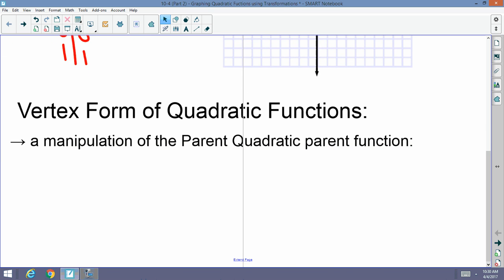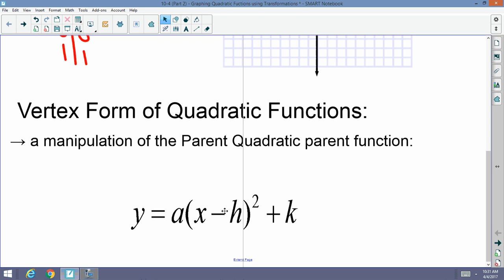Now, the vertex form of quadratic functions, guys, is a manipulation of the parent quadratic function. And it equals y equals a times x minus h squared plus k. If anyone recalls, we talked about the a, the h, and the k when we did absolute value functions.